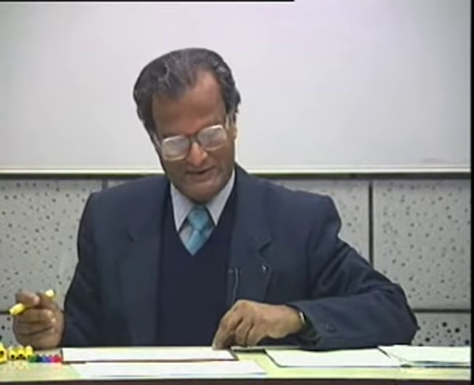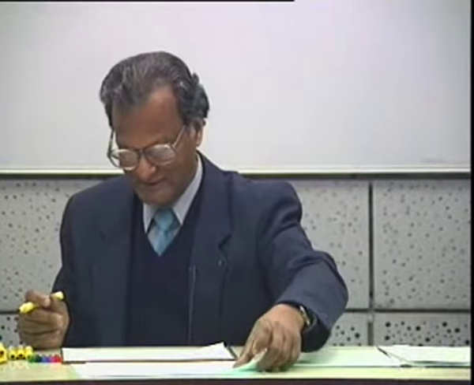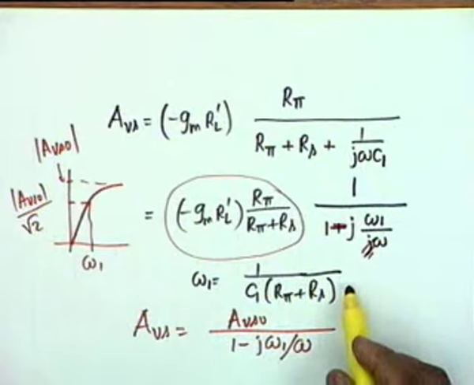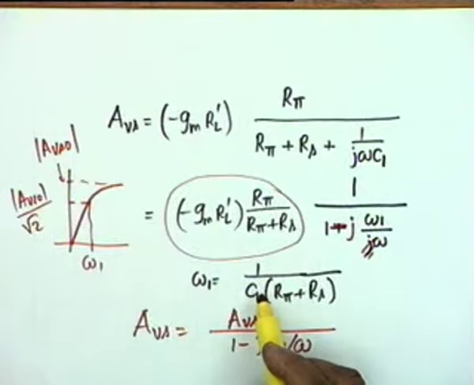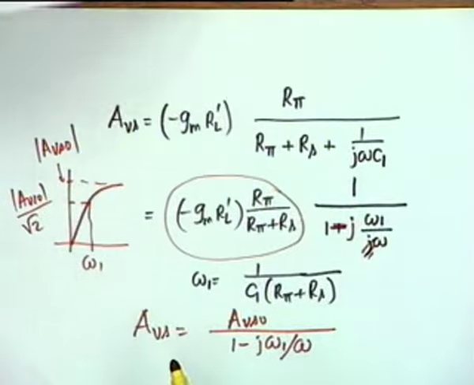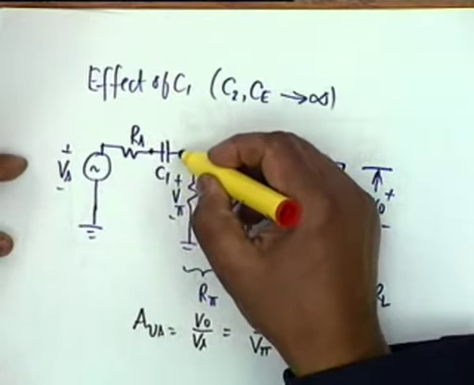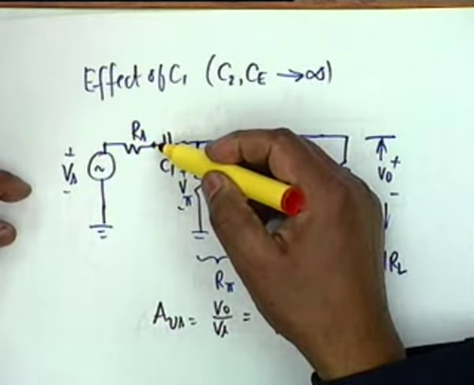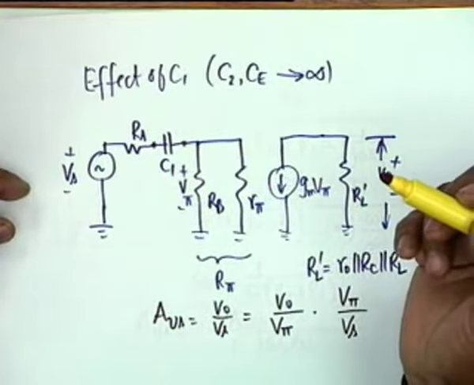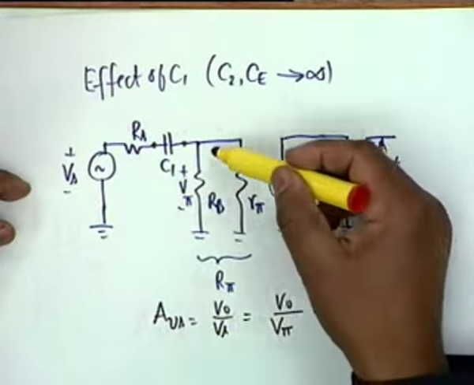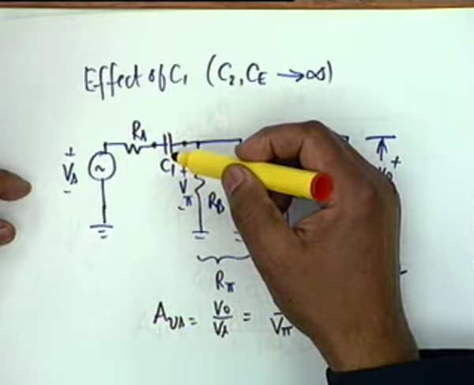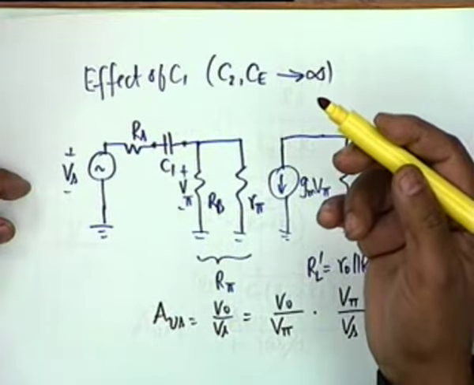One thing that I want to point out here is the following, that this omega 1 is the reciprocal of a time constant. And how do you determine the time constant? If you look at this circuit, the time constant is associated with the capacitor C1, and the resistance that comes to multiply C1 is the sum of Rs and R pi, which means that this is the resistance seen by C1 in a Thevenin equivalent sense.